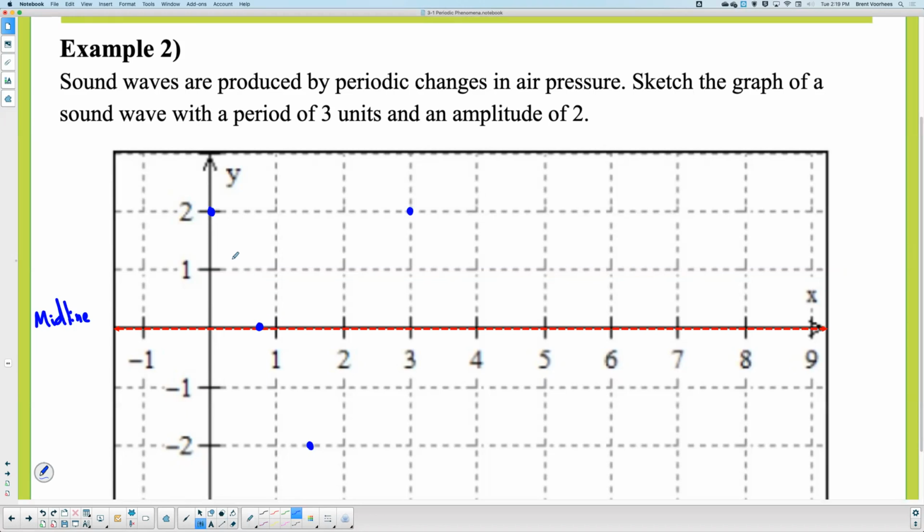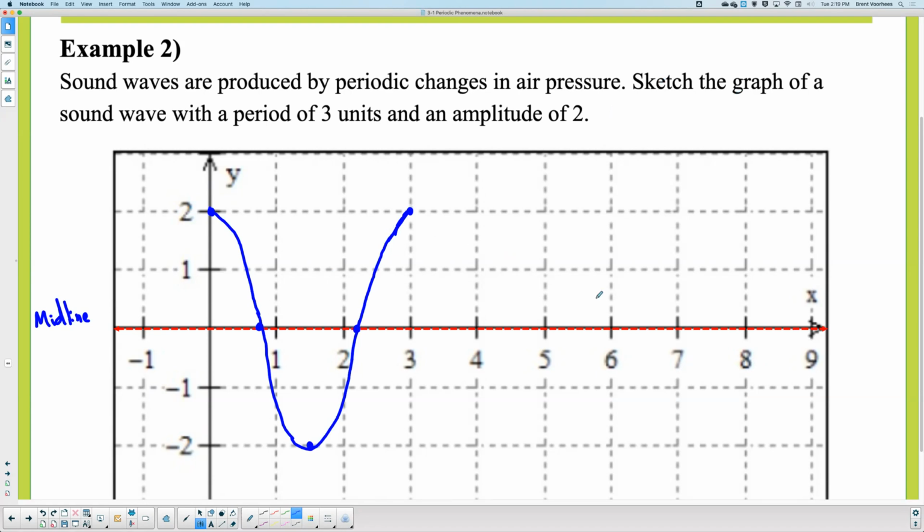So this graph would come down like this. It'll come through, and now it's going to curve back up. And the next one would be 0.75 more, so it'll be like right here. So this graph is going to come back up through there. And there's one wave. There's one cycle.